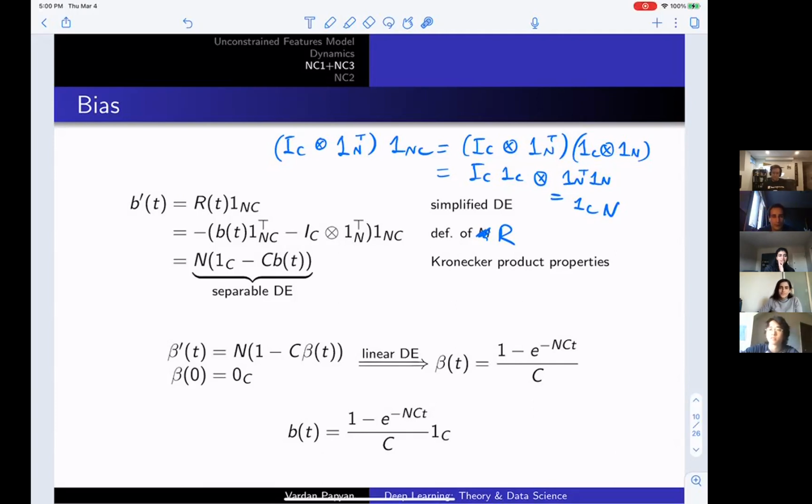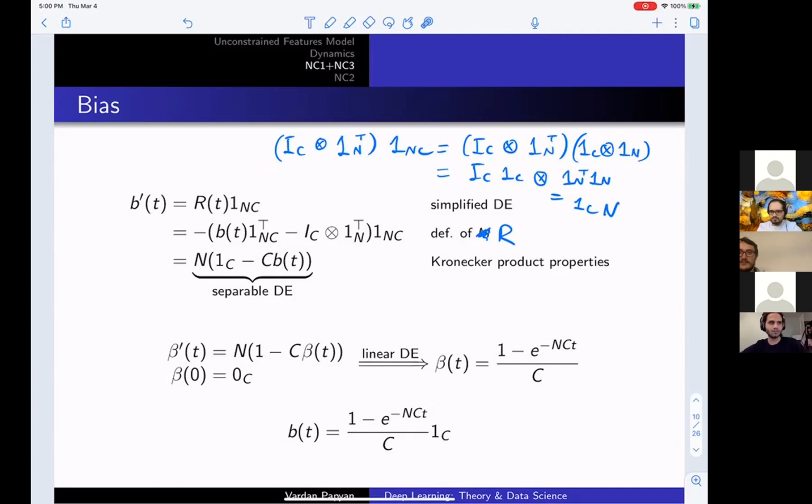An exponential is correct, but before we do an exponential, notice that if you have a vector prime equal to something minus the vector, and the vector is not being multiplied by anything, it means that all the coordinates are just separable, right? So you have just a set of separable one-dimensional simple differential equations that you can solve.